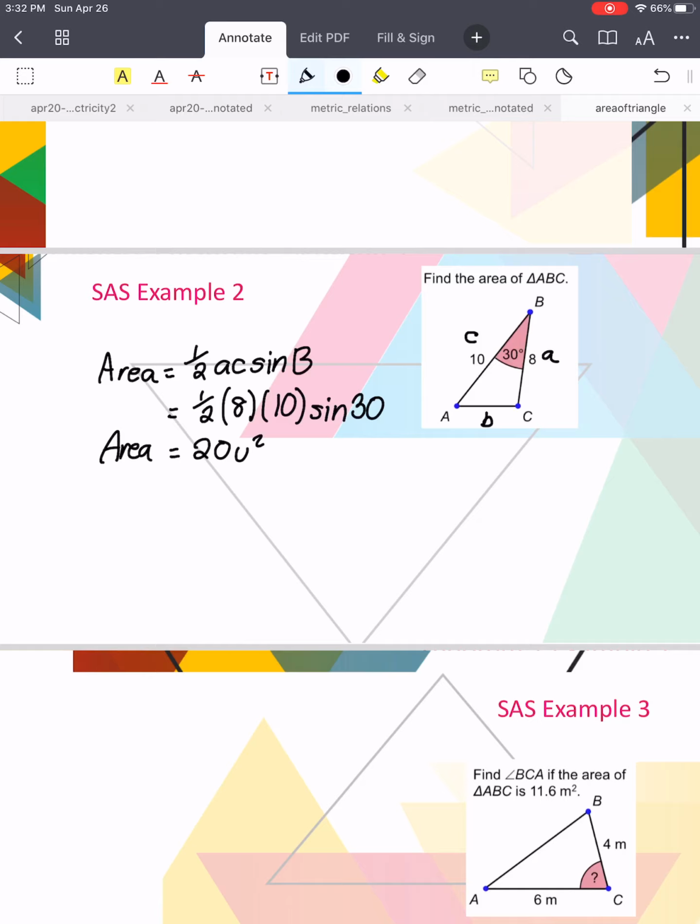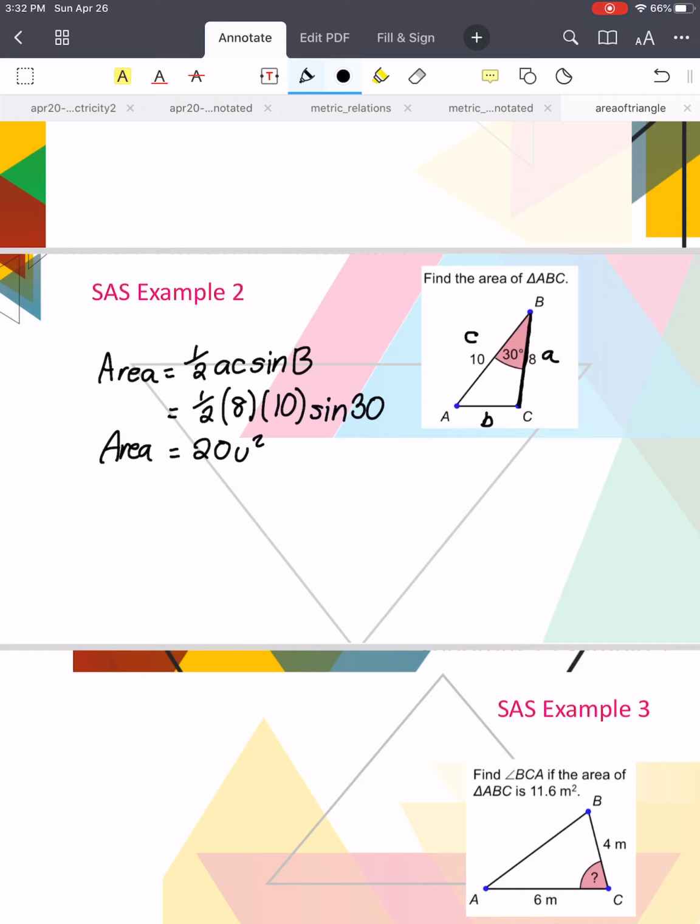A common mistake would be to look at this side A and say, well, that kind of looks like the height. But it's only the height, remember, if it's the altitude, so if it makes a 90-degree angle with the base.